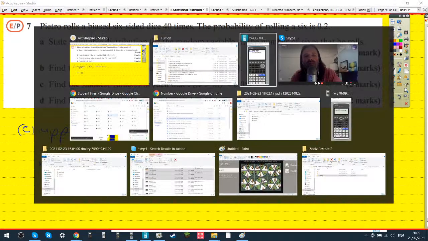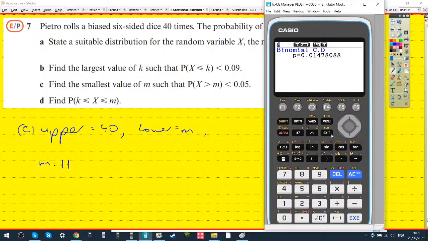Let's see, 0.05. 12 was the one that worked, was it? And so it shouldn't include 11. So that's 40, and probability is 0.2. So that's too much.